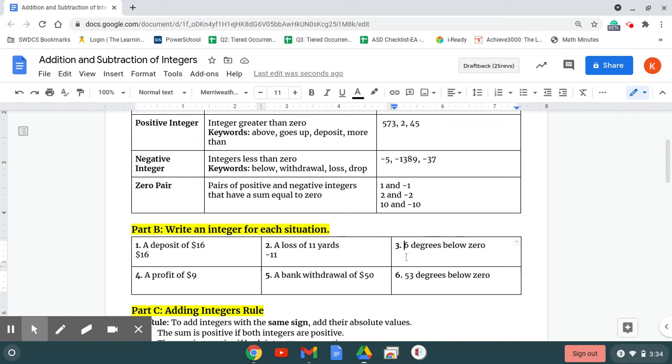All right, the next one, 6 degrees below 0. How are we going to write 6 degrees below 0? So 6 degrees below 0, we look up in our key terms, below, right here, is negative. So it's going to be a negative 6 degrees. If it's below 0, it's negative.